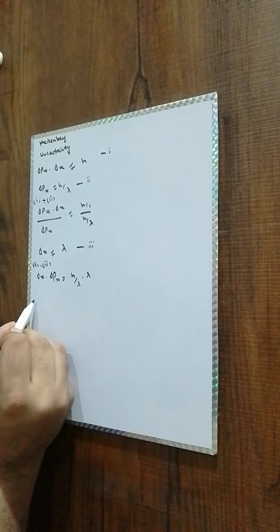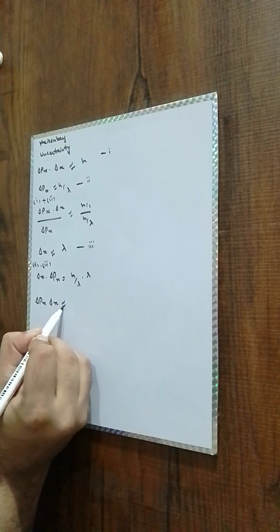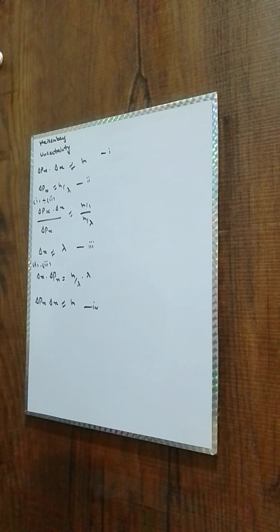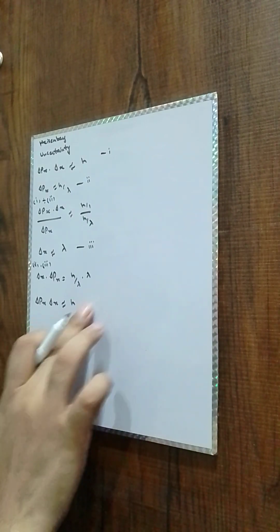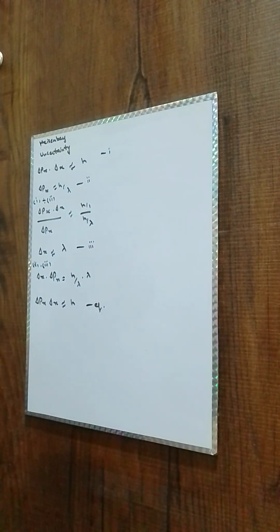Lambda cancels out, so we are left with, once again, delta px delta x is roughly equal to h, which is rather the establishment of Heisenberg's uncertainty principle.